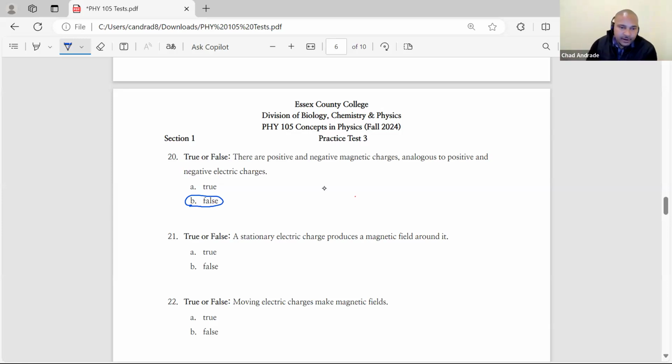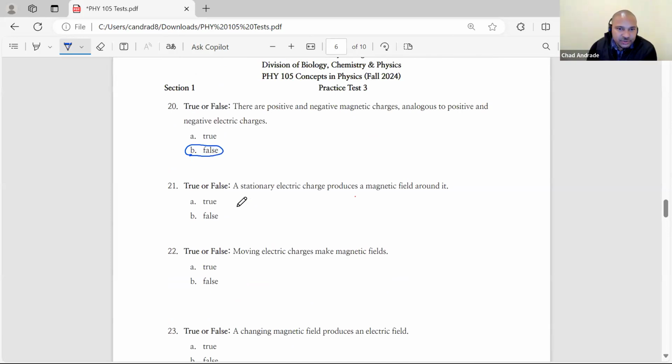All right. Question 21, true or false: a stationary electric charge produces a magnetic field around it. If you remember, I was saying in class, magnetism results from motion, right?